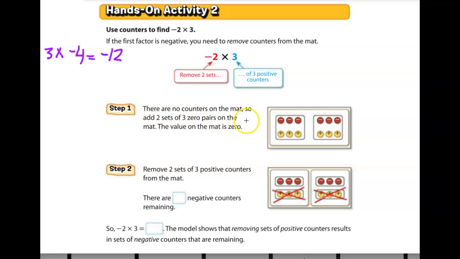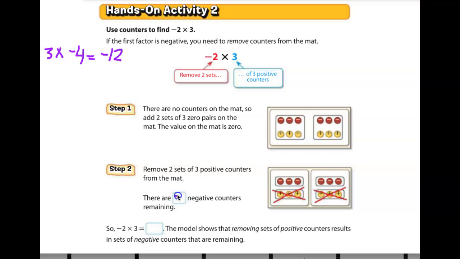So there are no counters on the mat, so we're going to add 2 sets of 3 zero pairs. All right, we modeled this in the previous video. It says to remove the 3 positive counters, 2 groups of 3 positive counters, you can see they've crossed that out. So what's the product going to be? Go ahead and answer that question.